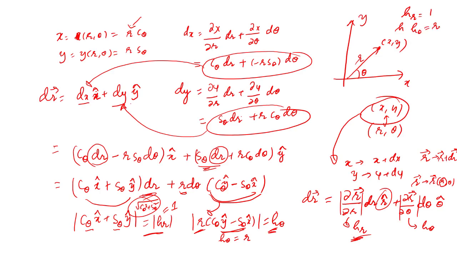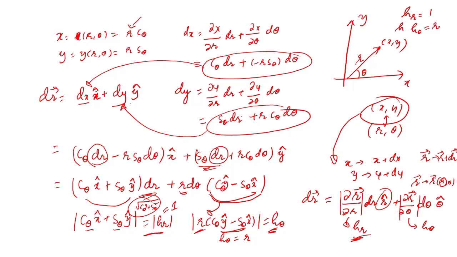These are not the flat coordinates that we have in XYZ. So that's why the scale factor need not be constant. It could depend upon the other coordinate. So that's important to note here. That's why these are curvilinear coordinates, because these scale factors are not necessarily constant.